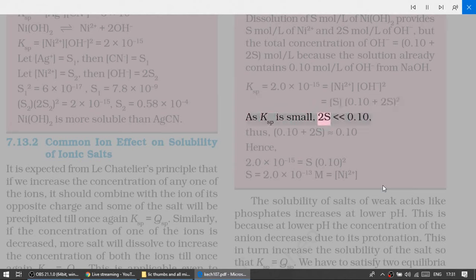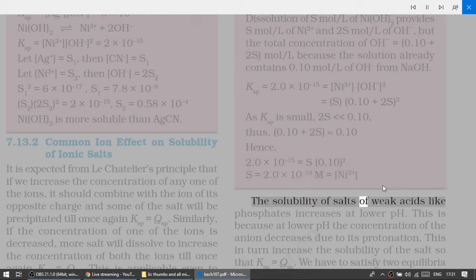As Ksp is small, 2S << 0.10, thus 0.10 + 2S ≈ 0.10. Hence 2.0 times 10^−15 = S(0.10)^2, so S = 2.0 times 10^−13 M = [Ni^2+].